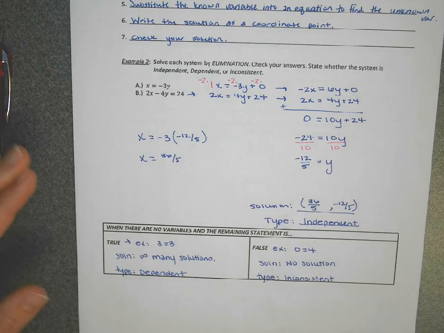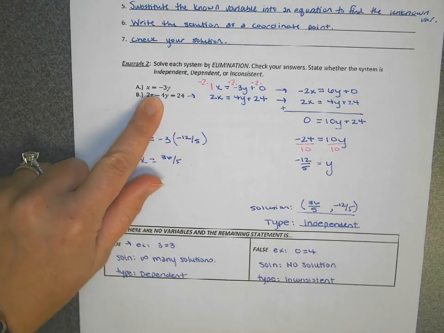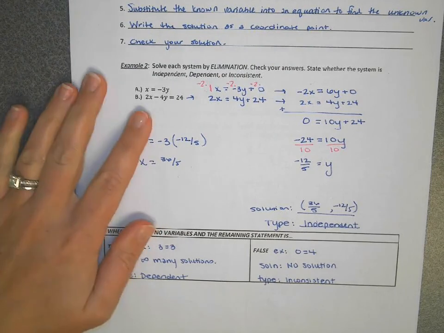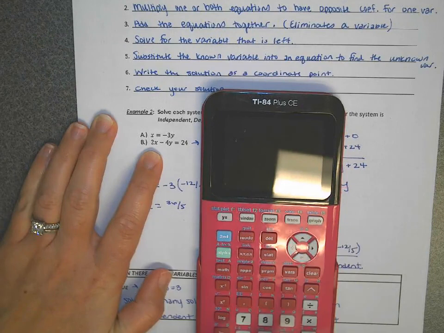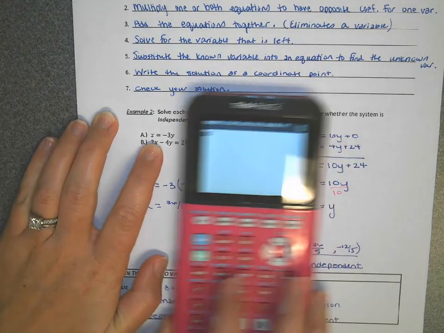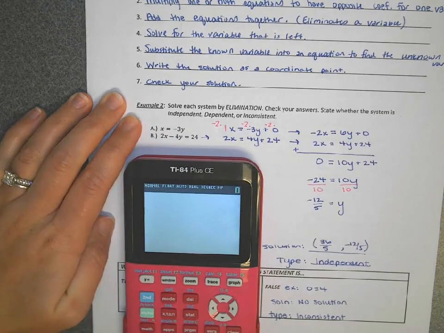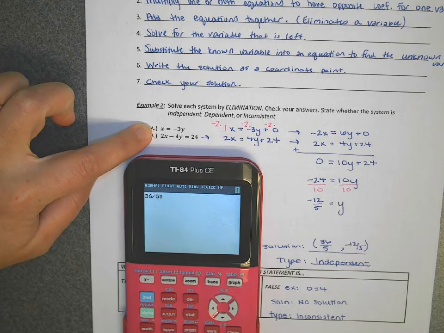Okay, so the next thing we're going to do is go back and actually check our solutions. So, this is what I'm going to show you. You can check it completely in a calculator. You do not need to show me the work for checking your solutions. So, our x value here is 36 fifths.